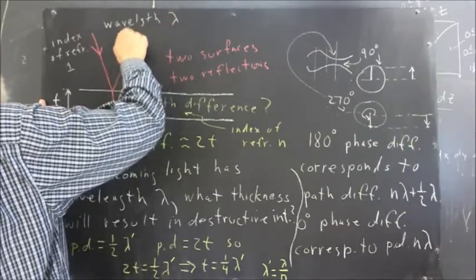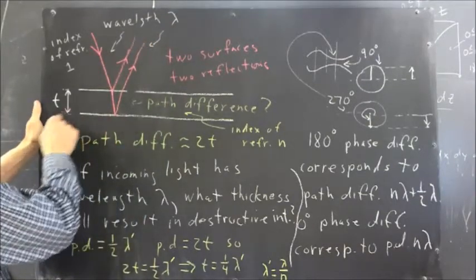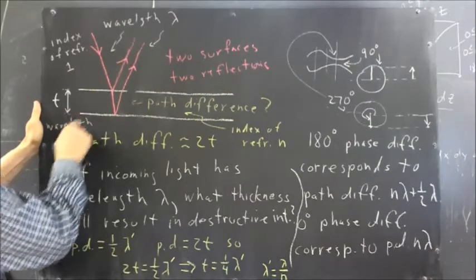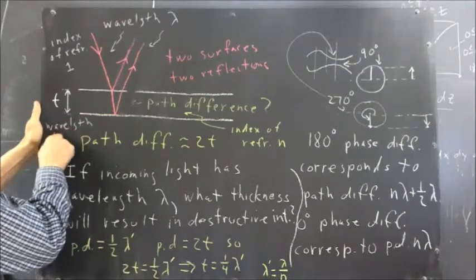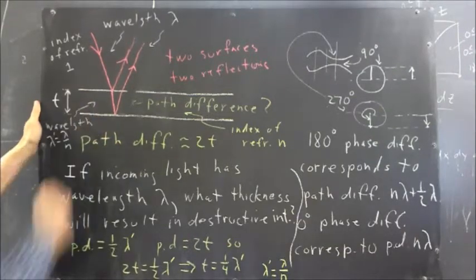So the wavelength is lambda here and here. In here, the wavelength is going to be lambda prime equals lambda over n, inside the material.